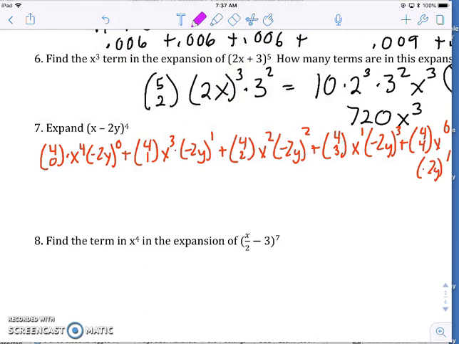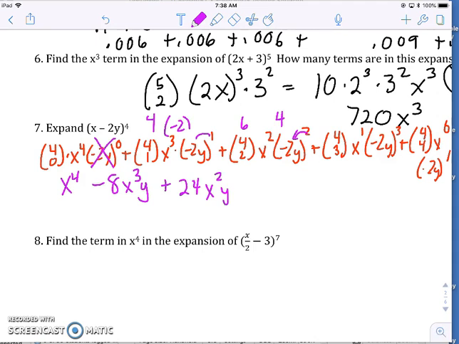Okay, well 4c0 is 1, so that doesn't matter because it's just to the 0, so this is just x to the fourth, plus, so this would be 4 times negative 2 to the first, so that would actually be negative 8x to the third y. 4c2, I know that's 6, distribute that, so that's times 4, so we have plus 24x squared y squared. 4c3, I think that's 6 again.